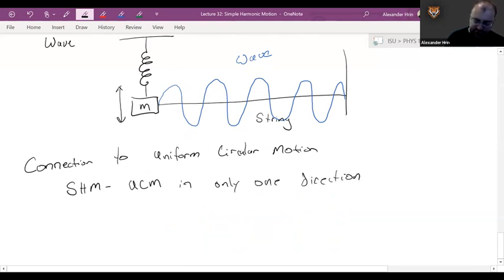Uniform circular motion is an aspect of two-dimensional motion. If we only consider the x coordinate of circular motion, then that x coordinate is undergoing simple harmonic motion. If we only consider the y coordinate of circular motion, that y coordinate is also undergoing simple harmonic motion.